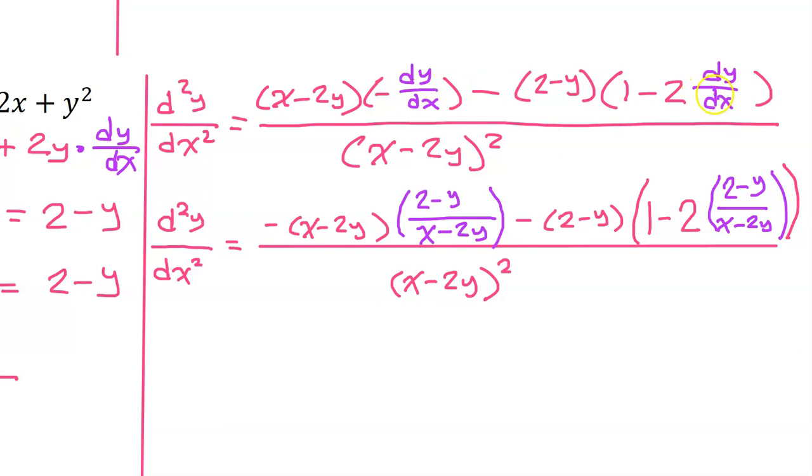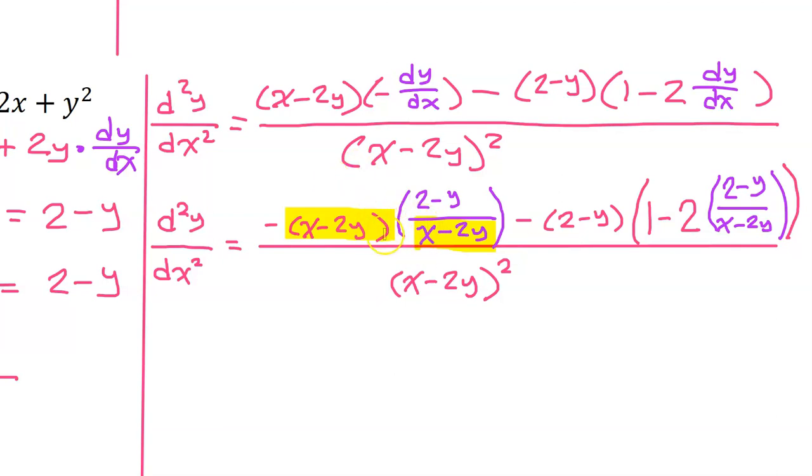So anywhere I had the dy dx, I have now replaced that with 2 minus y over x minus 2y. I did do one other tiny thing. This little negative sign that was in front of the dy dx, I went ahead and put that in the front. Notice that we have this denominator of x minus 2y, and this x minus 2y is in the numerator.